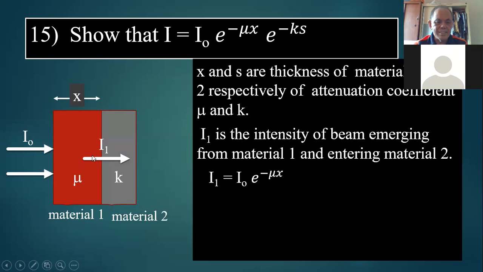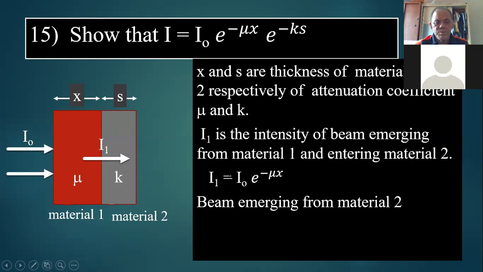Remember, I1 is transmitted from the red one, but it goes into the gray one, and the thickness is S, so coming out will be your I. I1 is the original beam now, and I is the one coming out.